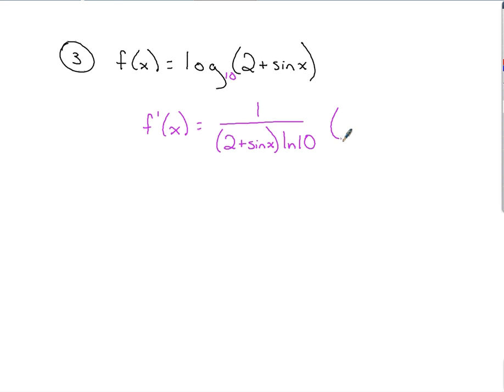Tack on to this the derivative of that part that follows the logarithm. You got 2 plus sine of x is that part. 2 goes to 0. Derivative of the sine of x, simply cosine of x. So one way to write it, other way to write it, cosine of x would be on top there.